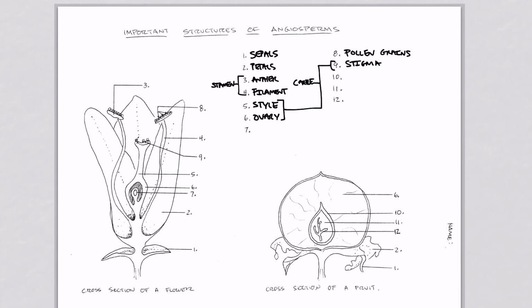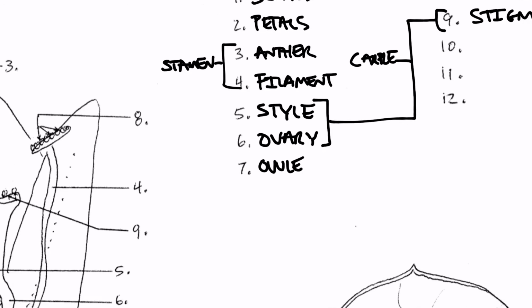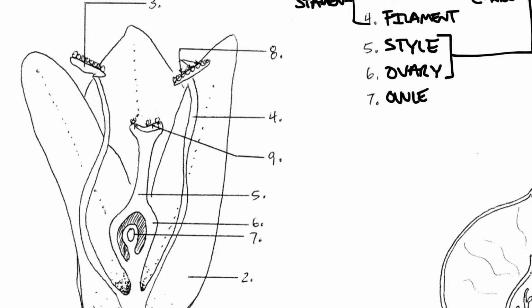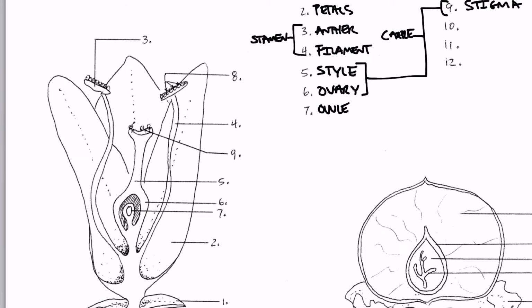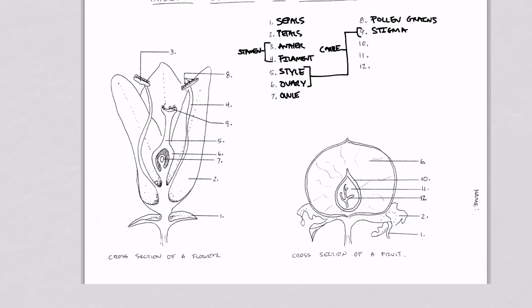Also included in this structure is the ovule itself. So the ovule, number 7, is what is going to hold the developing embryo eventually. Okay, so that is the flower.